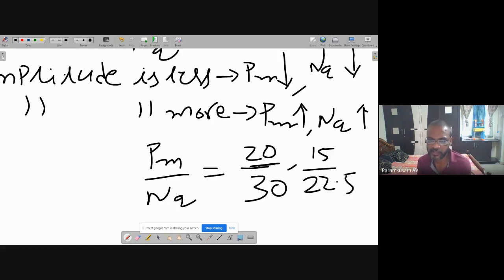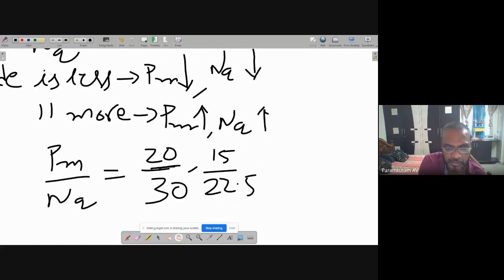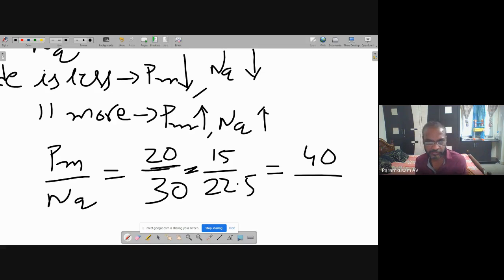22.5 చూడండి, ఈక్వల్ అనా? 7.5 2 జా 7.5, 3 జా 2/3, 2/3 సరిపోయింది కదా? క్రాస్ మల్టిప్లై చేయండి, 20 into 22.5 45, 30 into 15 45 సరిపోయిందా? అలాగే ఈక్వల్ అయ్యేటట్టు మళ్ళీ చెప్పండి ఇంకేదైనా వాల్యూ. ఇప్పుడు 20 కన్నా ఎక్కువ చెప్పండి, PM ఏదో ఒక వాల్యూ చెప్పండి. 40. అప్పుడు NQ ఎంత ఉండాలి?